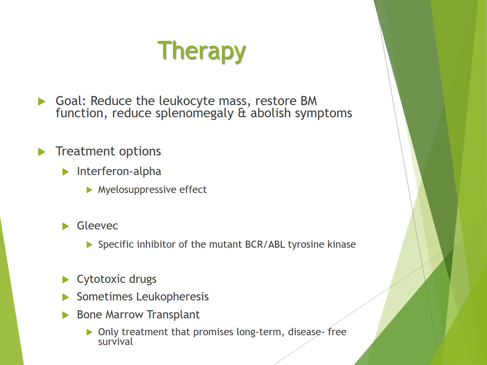The goal of therapy includes complete hematologic, cytogenetic, and molecular remission, indicated by a normalized CBC and differential and the absence of the Philadelphia chromosome and the BCR-ABL fusion gene.